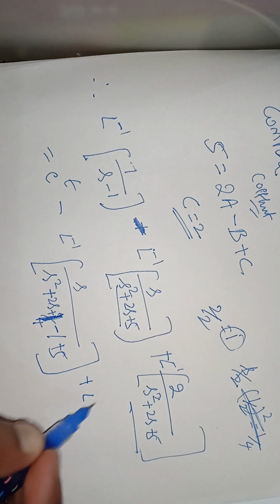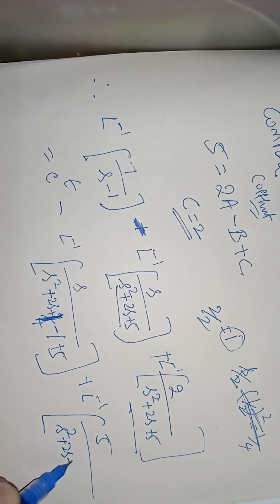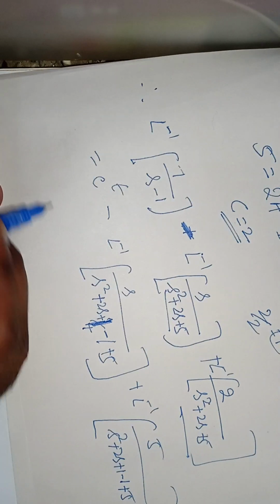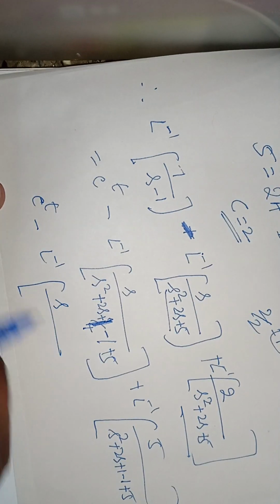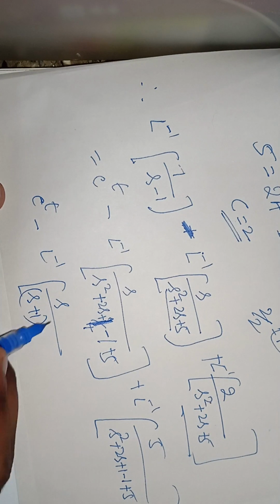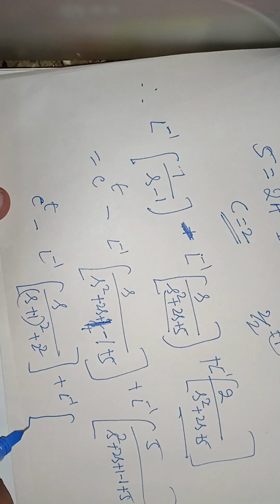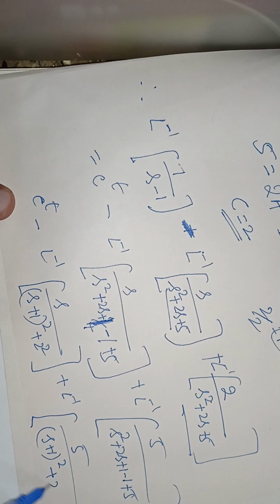Here also the same thing. So basically you are getting e^t minus L inverse of s divided by ((s + 1)² + 2²) plus L inverse of 5 divided by ((s + 1)² + 2²).